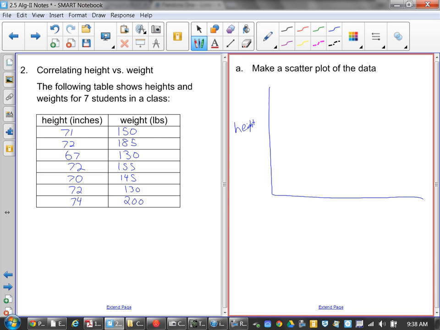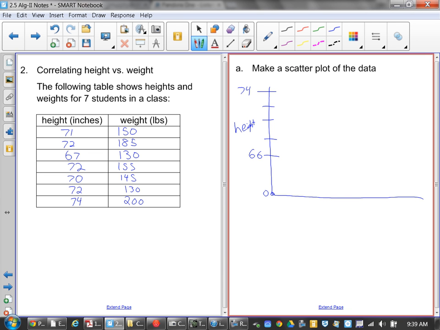So you have height, and obviously weight. What is our shortest? We'll start it at 65, and then let's go up. We only have to go up to 74, so let's do 66, and we'll go up by 2: 66, 68, 70, 72, 74. We can still put 0 here. Is it okay that I just scale it up like that? Yeah, doesn't make a difference.